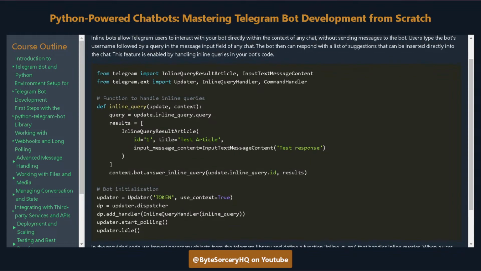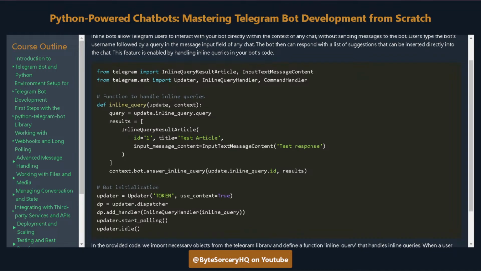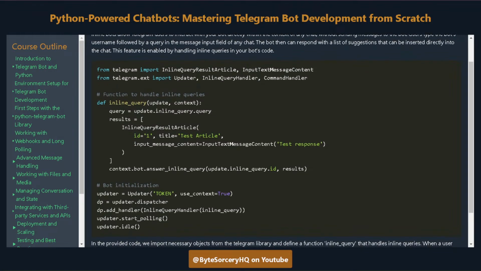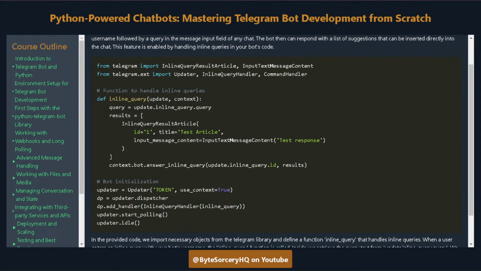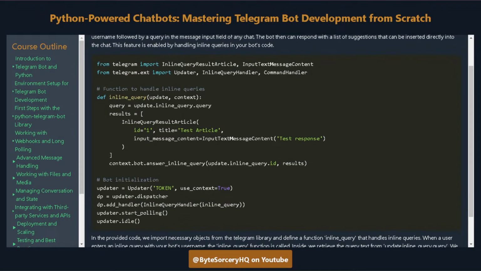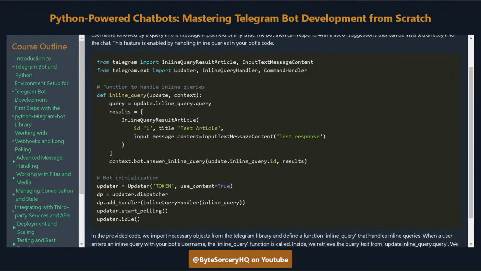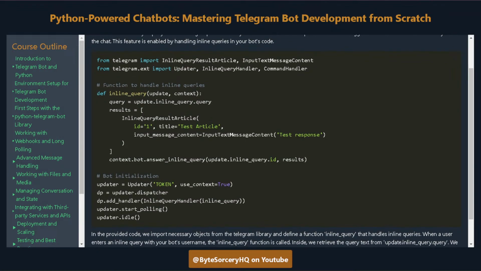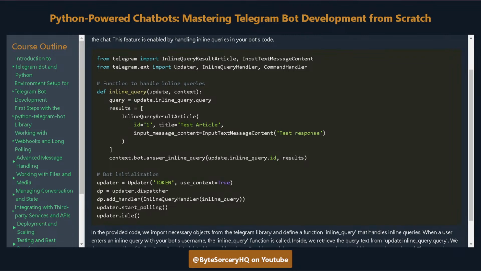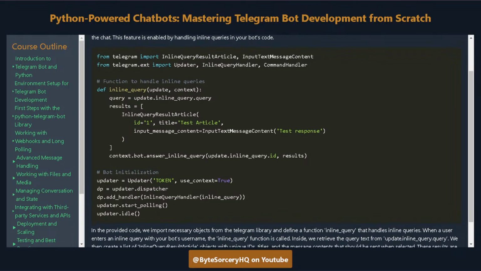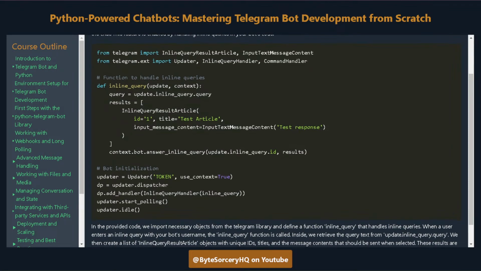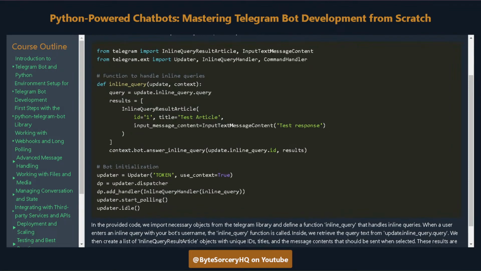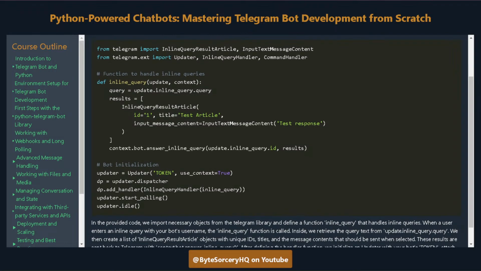In the provided code, we import necessary objects from the Telegram library and define a function, inline_query, that handles inline queries. When a user enters an inline query with your bot's username, the inline_query function is called. Inside, we retrieve the query text from update.inline_query.query. We then create a list of InlineQueryResultArticle objects with unique IDs, titles, and the message contents that should be sent when selected.